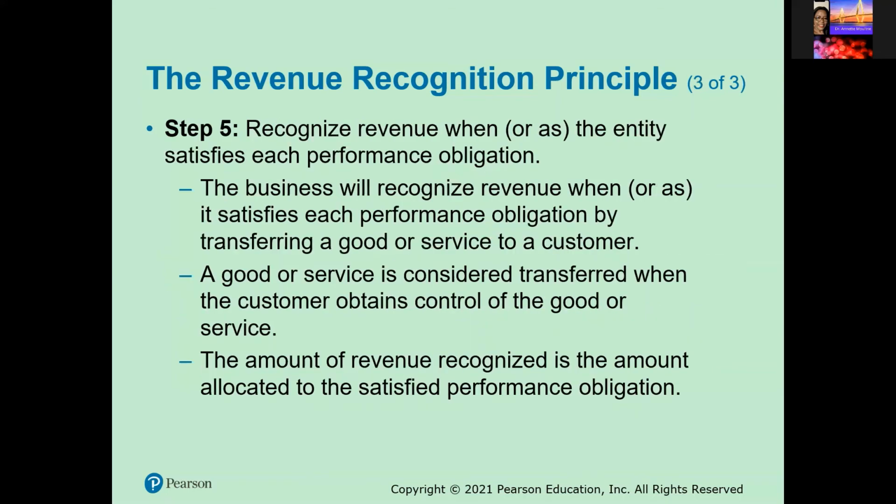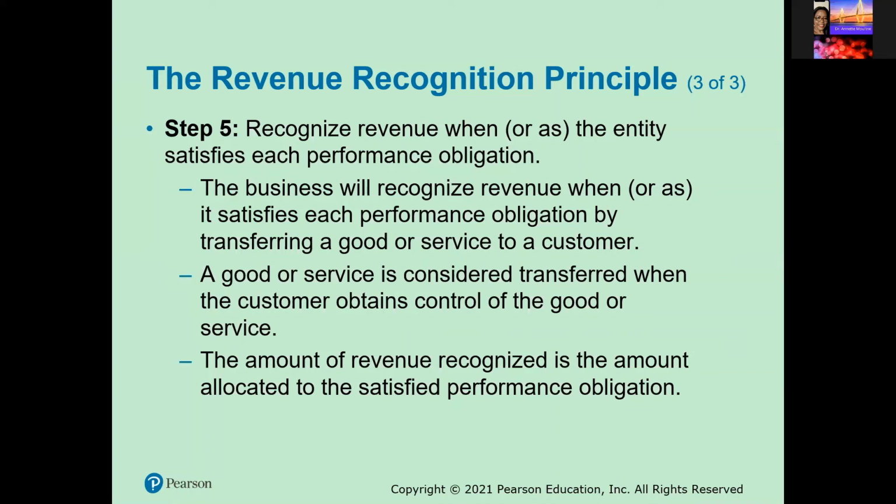And step 5, recognize revenue when or as the entity satisfies each performance obligation. Now, the business will recognize revenue when or as it satisfies each performance obligation by transferring a good or a service to a customer. Okay?